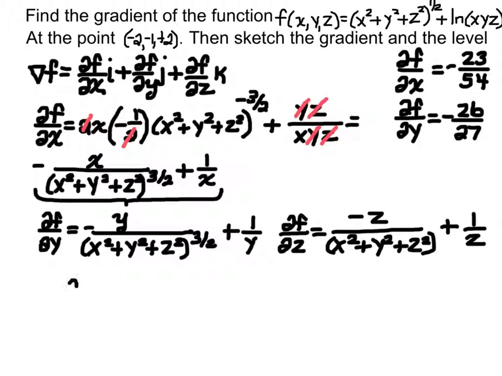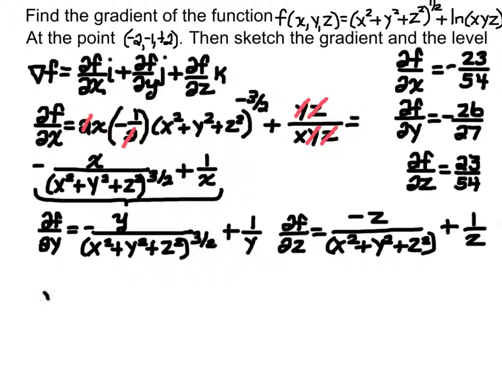And for the partial derivative of f with respect to z, when we plug in the triplet point, we get 23 over 54. Let's move that up.